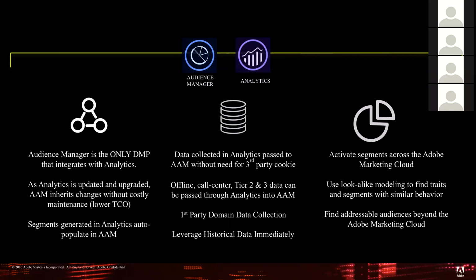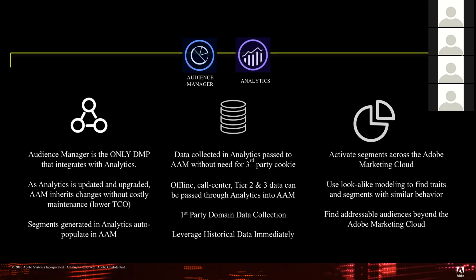We talked a little bit about how Adobe Audience Manager is the only DMP that actually integrates with Analytics. Data collected in Analytics is passed into Audience Manager without need for a third-party cookie. That's really important because most DMPs operate on third-party cookies. DMPs need third-party cookies to operate in the ad tech ecosystem.